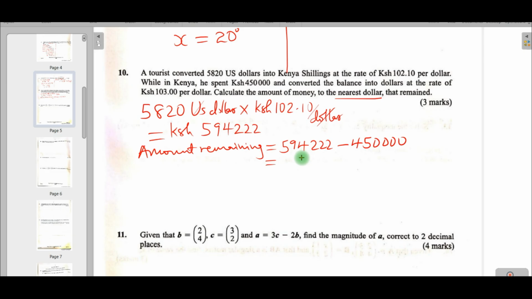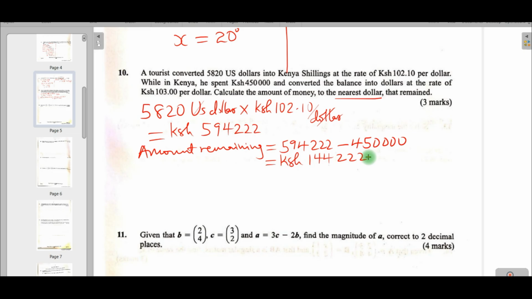So we get the amount remained in Kenyan shillings, 144,222 shillings.